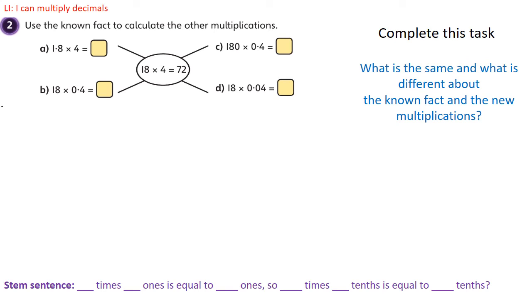So if I had 180 times 4 ones equals 720 ones, so 180 times 4 tenths is equal to 720 tenths. How are you going to write 720 tenths?